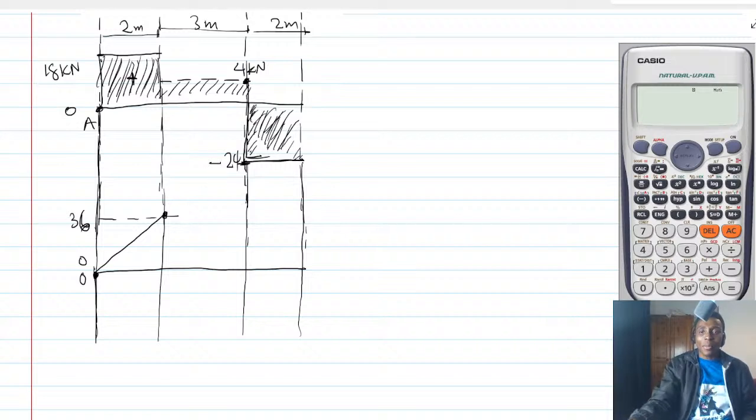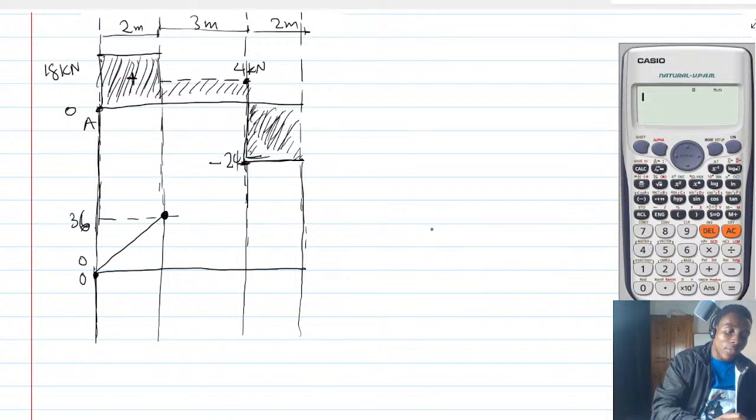And then the maximum. So the maximum moment is going to occur at x equals what? At x equals 5. So I'll put 5 into this equation. So at 5, it's going to be 4 times 5 plus 28.